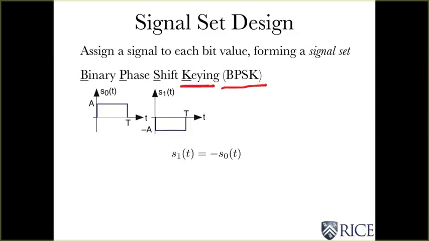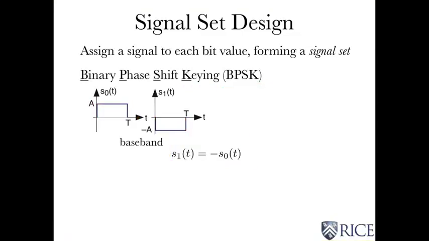In binary phase shift keying, whatever signal you use to represent one bit, here I have a positive pulse to represent a 0, and the other signal is the negative. That defines a binary phase shift keying signal set. In all cases, one signal is the negative of the other. In the case I've shown here, you could consider this a baseband signal set.